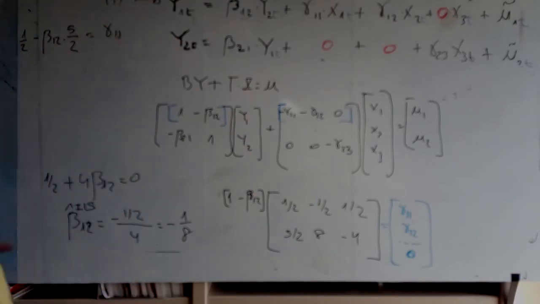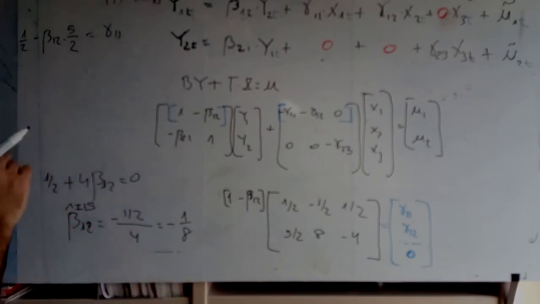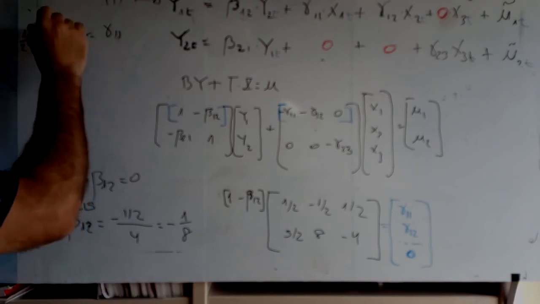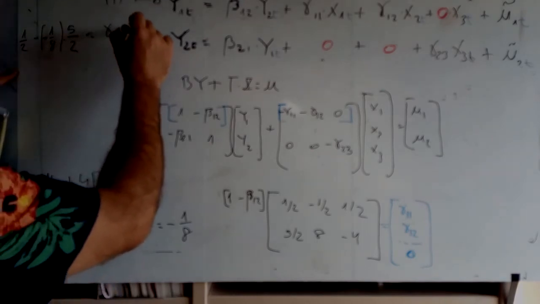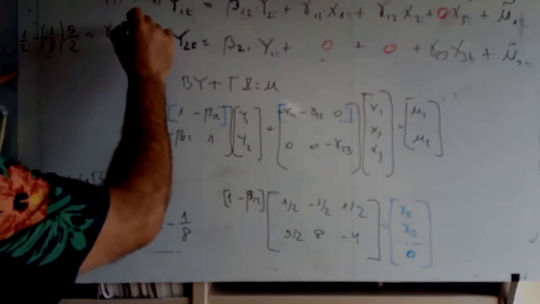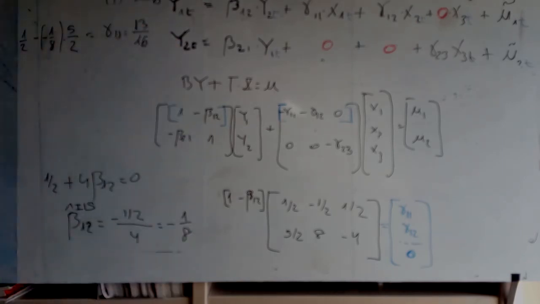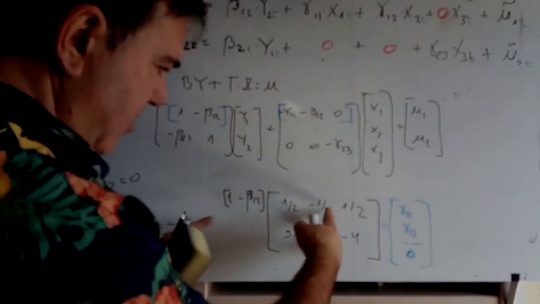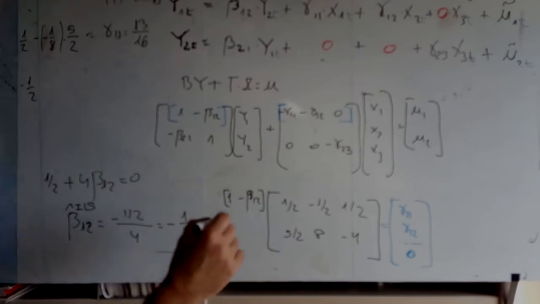As we have already estimated beta, this is minus 1/8. We can substitute it here, and that gives us 13/16.